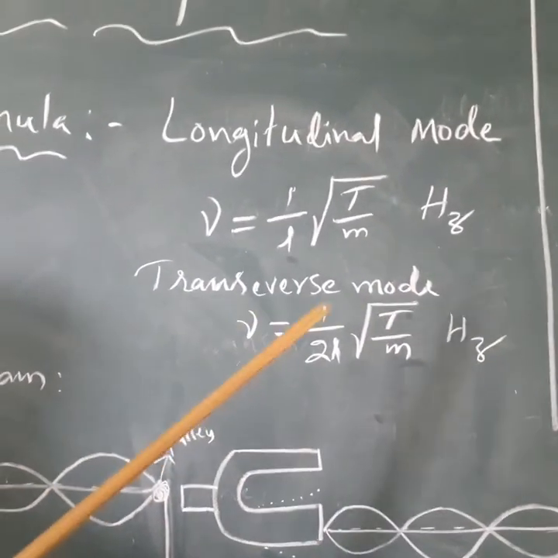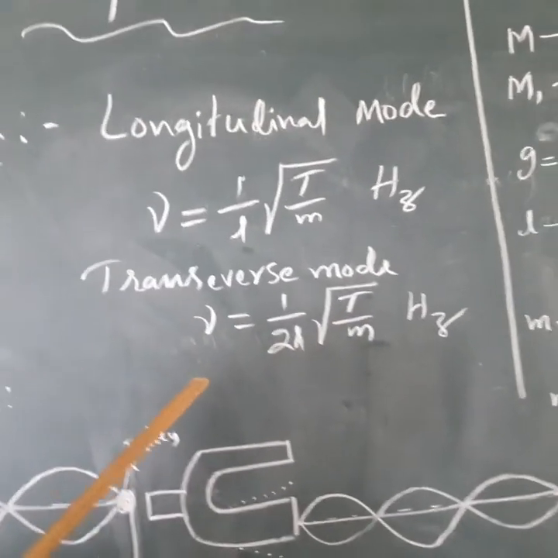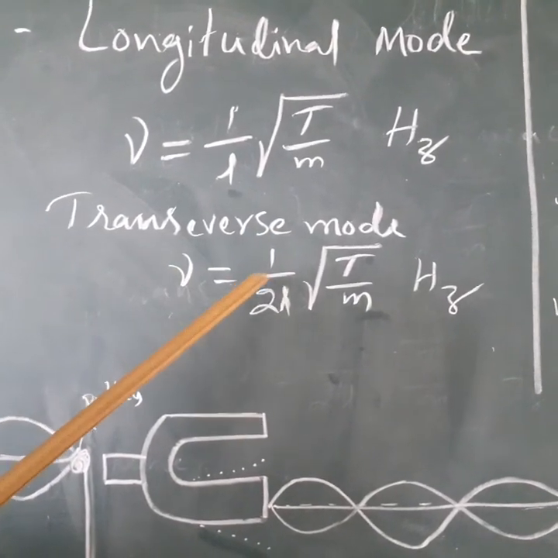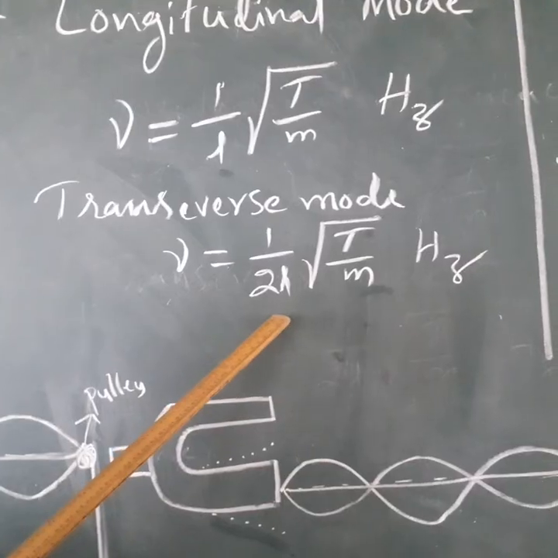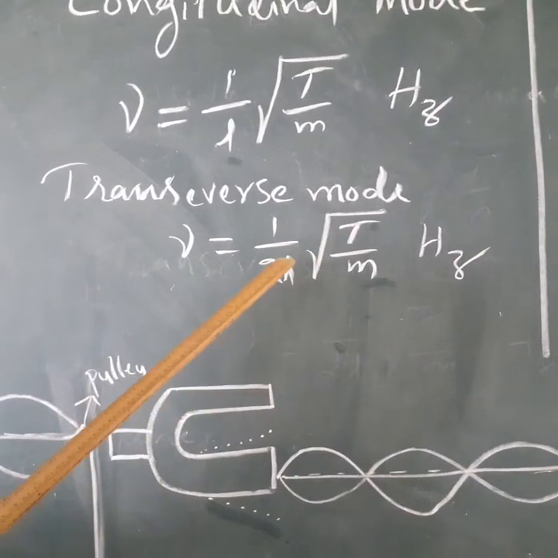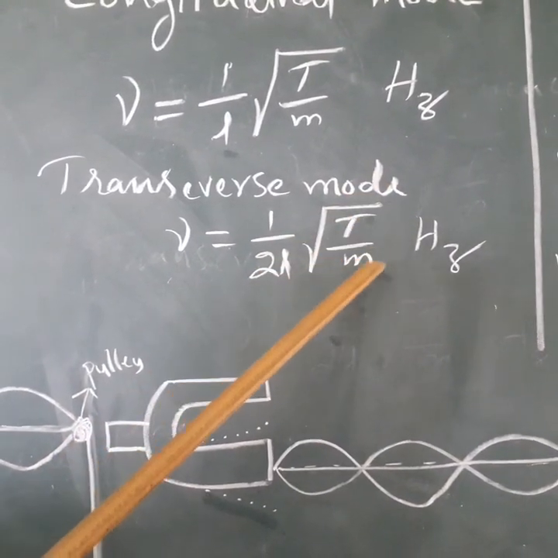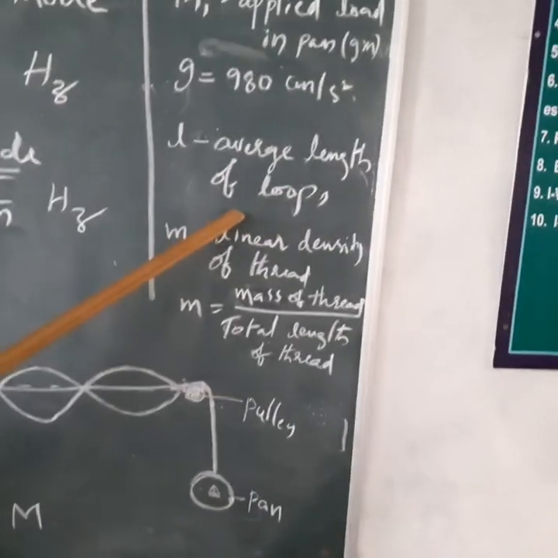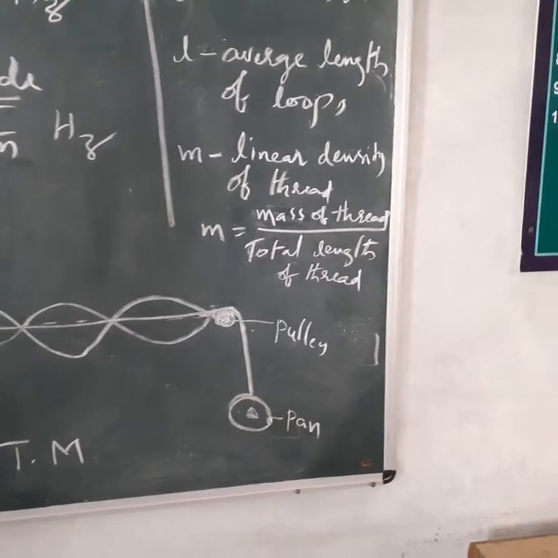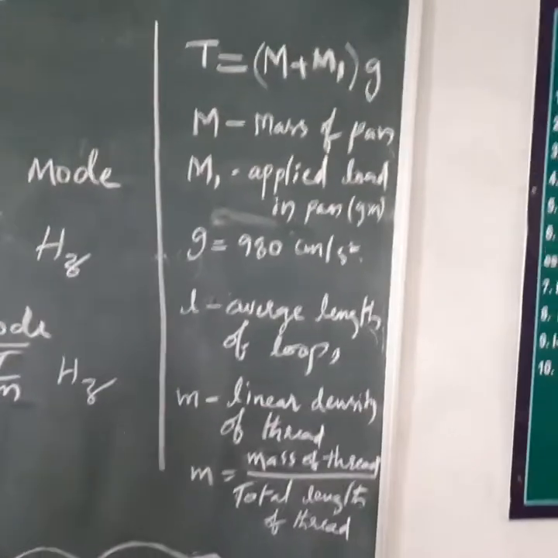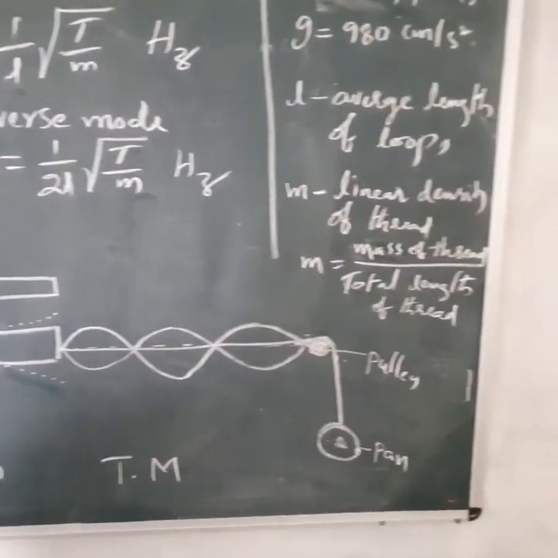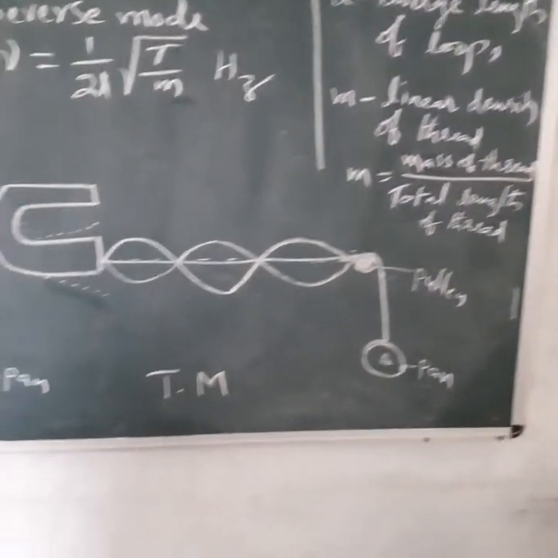In this mode, the frequency of the tuning fork nu is equal to 1 by 2L into square root of T by m. L is the average length of the loop or each loop length. T is the tension in the string or thread. Small m is the linear density of the thread.